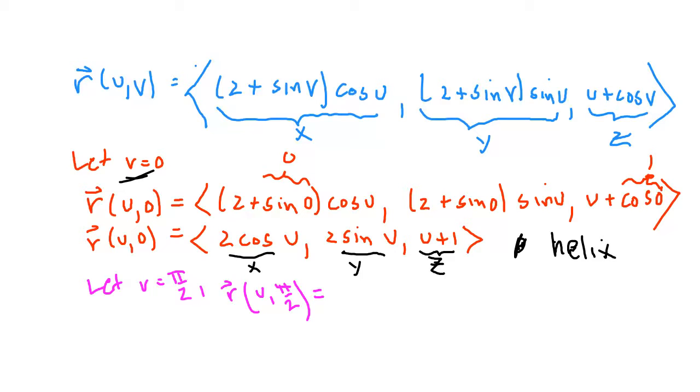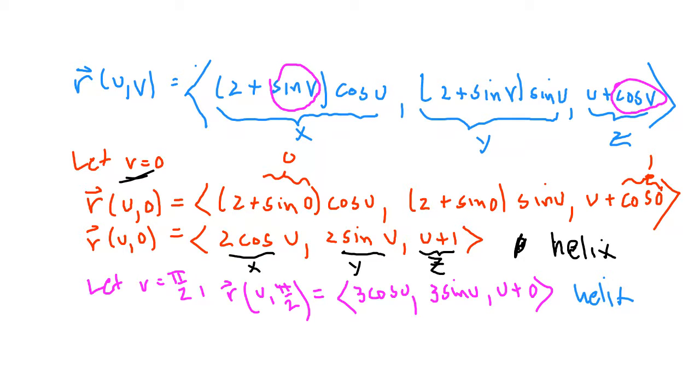That would equal 3 times the cosine of u, because the sine of pi over 2 is equal to 1. So we'd have 3 cosine of u, 3 sine of u, and then u plus 0, because the cosine of pi over 2 is 0. So this would also be another helix.